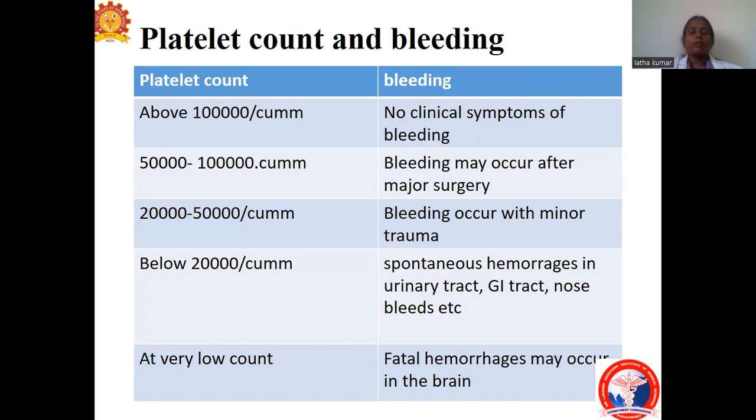Between 20,000 and 50,000 per cubic millimeter, bleeding occurs with minor trauma. When the platelet count becomes less than 20,000 per cubic millimeter, spontaneous hemorrhages occur in the urinary tract, gastrointestinal tract, nosebleeds, etc. At very low counts, we can see fatal hemorrhages in the brain.